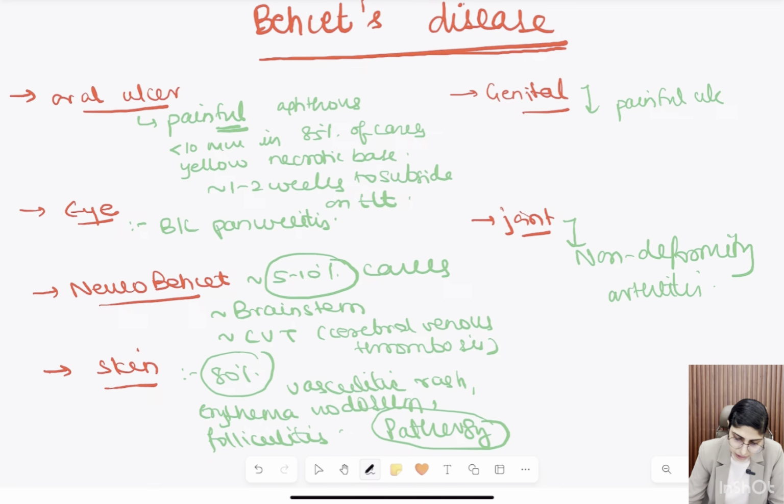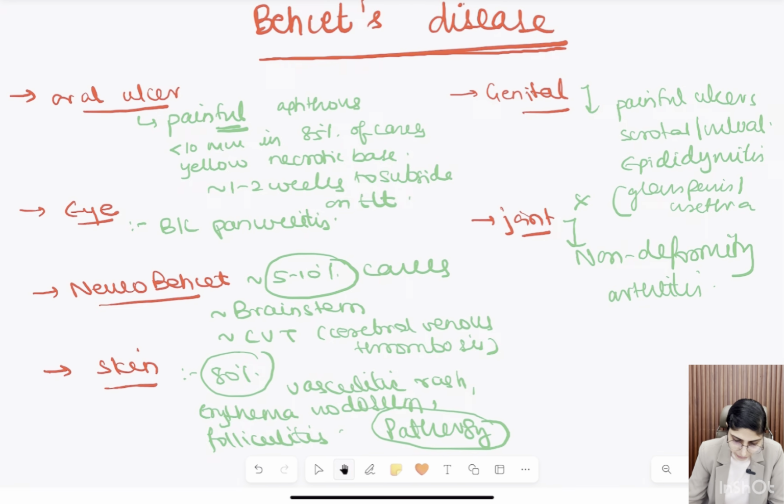So there are painful ulcers, scrotal or vulval ulcers mainly, epididymitis, glans, penis or urethra not involved.